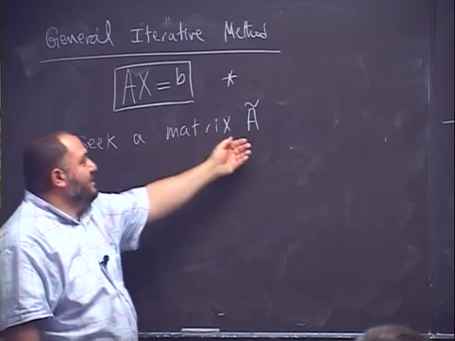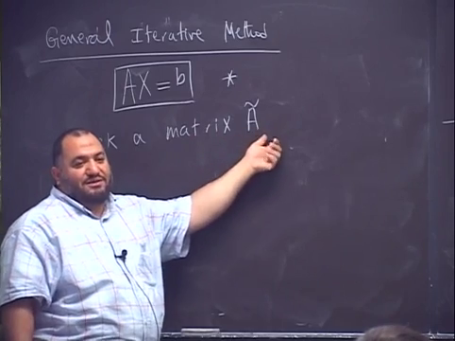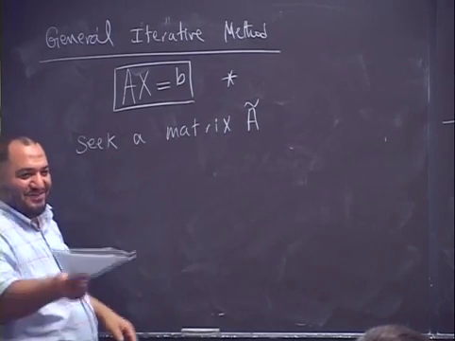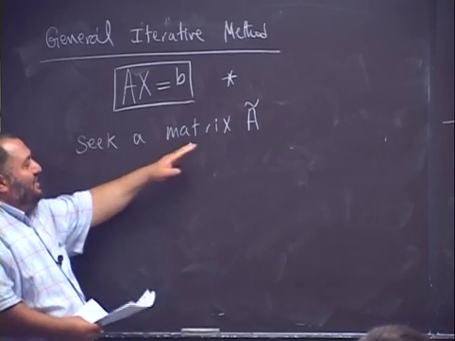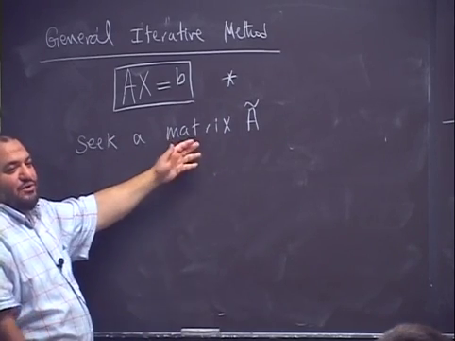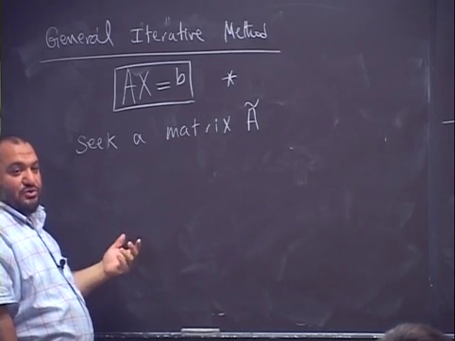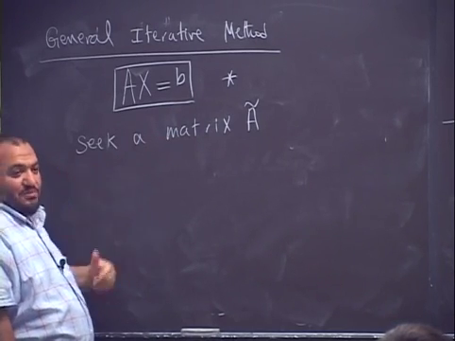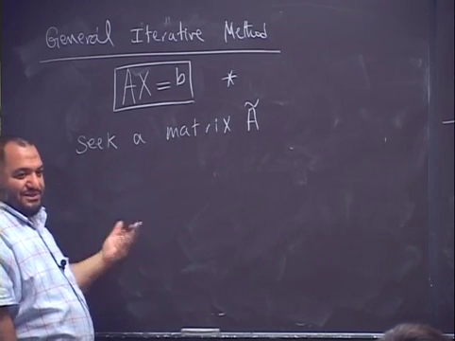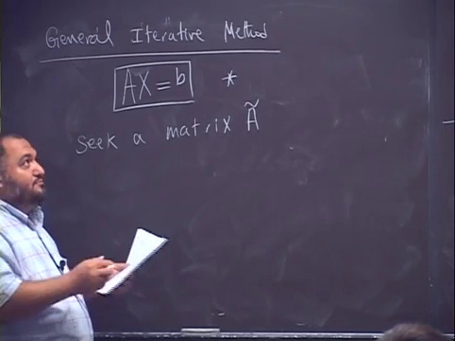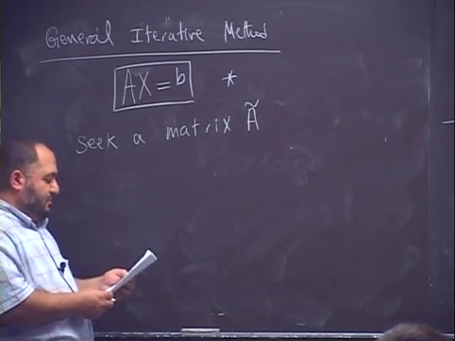But let's say we can look for another matrix, A wiggle or A tilde, or whatever you name it. I know some of you are laughing. This A wiggle or A tilde will simplify the solution so that the inversion will be much easier to perform. This is the trick here, and we will be using the iteration method.